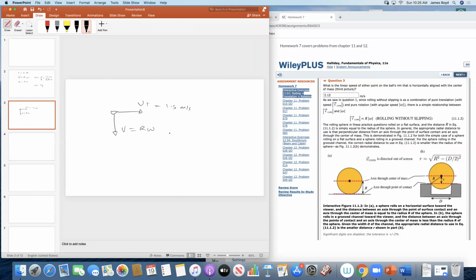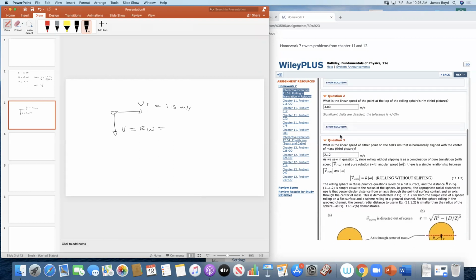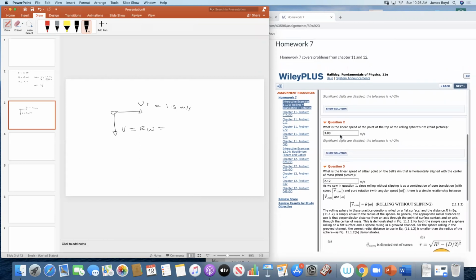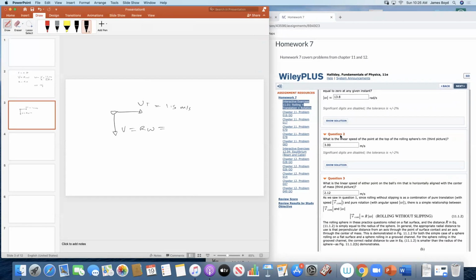So from that, if we multiply 0.109 times our 13.8, which we already know should give us 1.5, but just as a check, this should be 1.5 meters per second, but this is in the negative y hat direction. This is in the positive x hat direction.